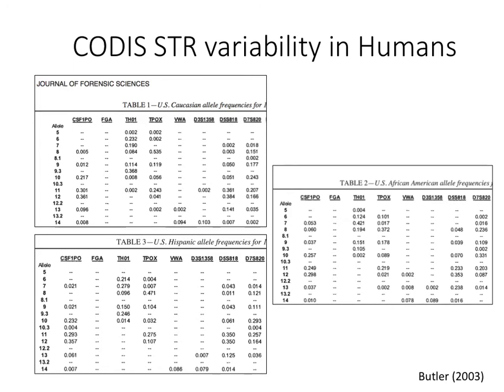It's in 1.2% of US Caucasians, 2.1% of US Hispanics, and 3.7% of US African Americans. Not huge differences in frequency, like 1 in 90 people, 1 in 95 people, something like that. They're pretty rare. But there are some up here that can be quite different between US populations.